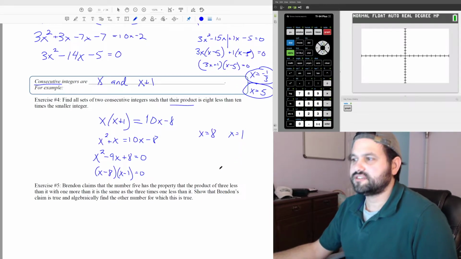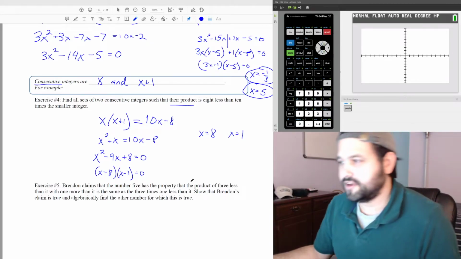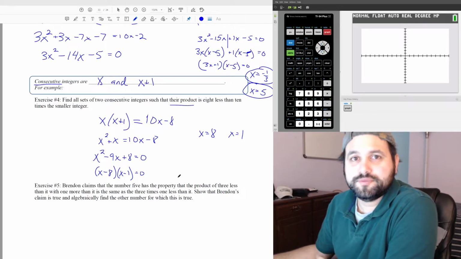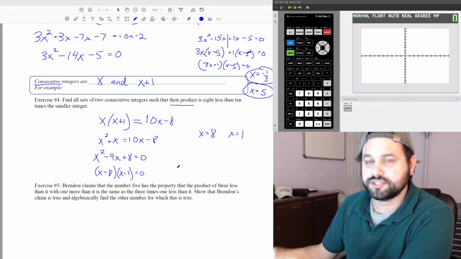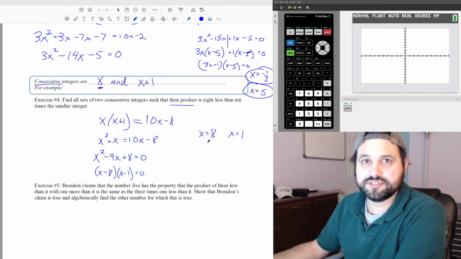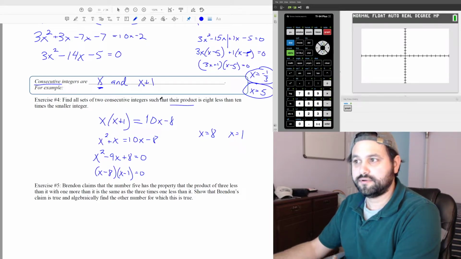And you're probably saying to yourself, well, wait a minute, those aren't consecutive integers at all, right? They're not back to back. But that's true because these are two different answers for the smaller integer, right? These are just x. We now have to say, well, if the smaller integer is 8, what's the next consecutive?